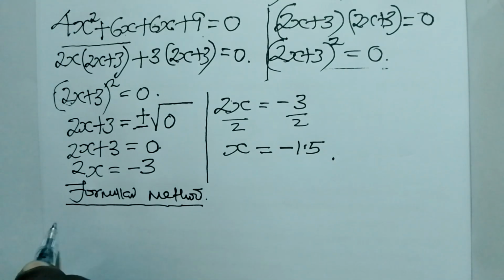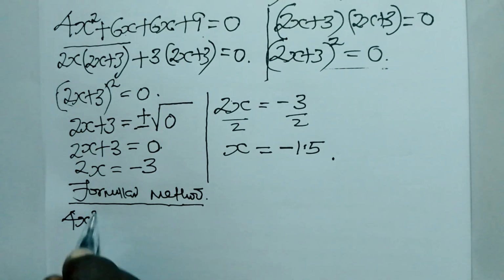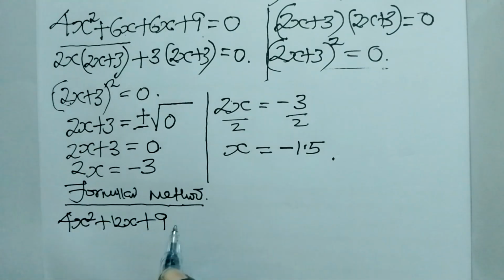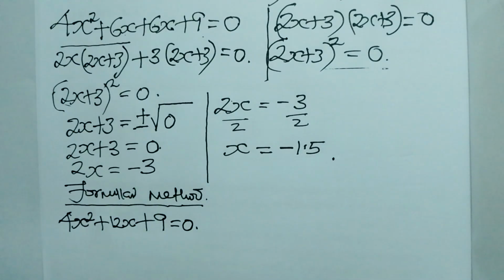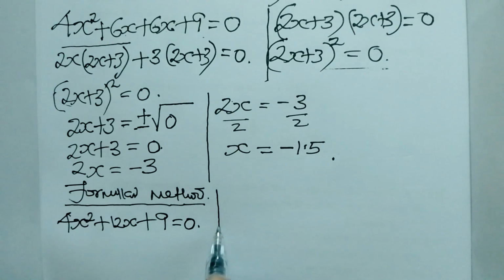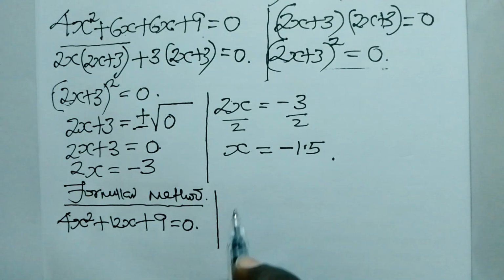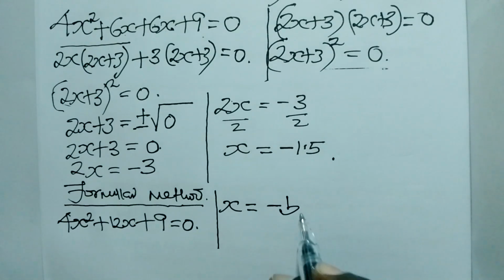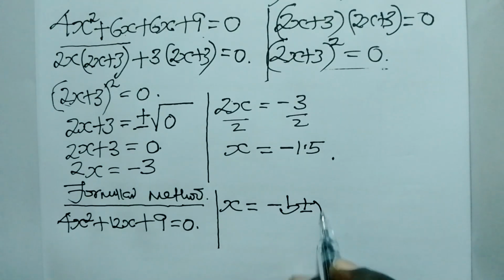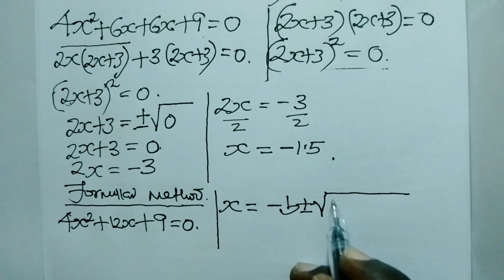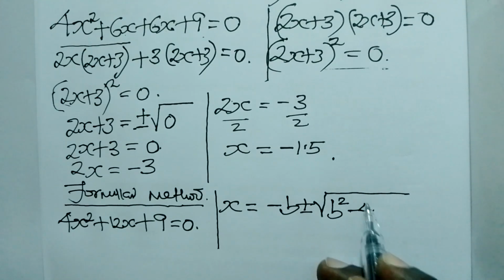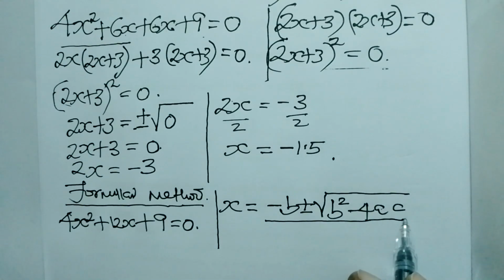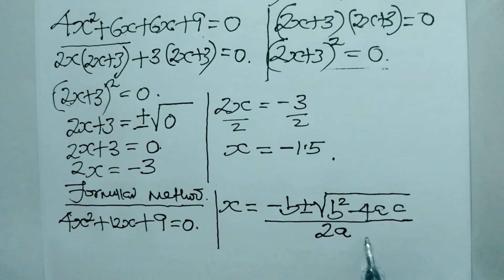So our equation was given by 4x squared plus 12x plus 9 is equal to 0. From the tables, using the formula method, the value of x is given by negative b plus or minus the square root of b squared minus 4ac, all over 2a.